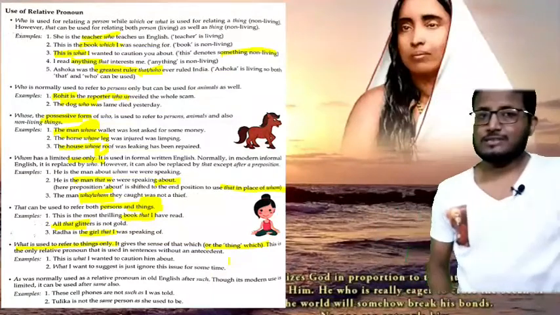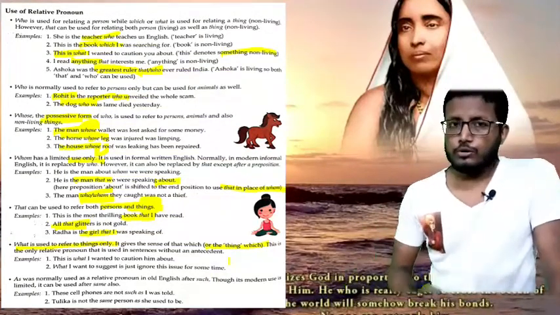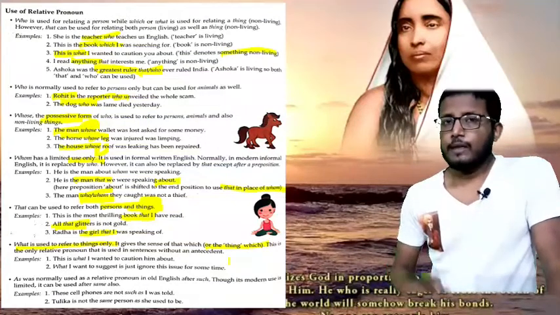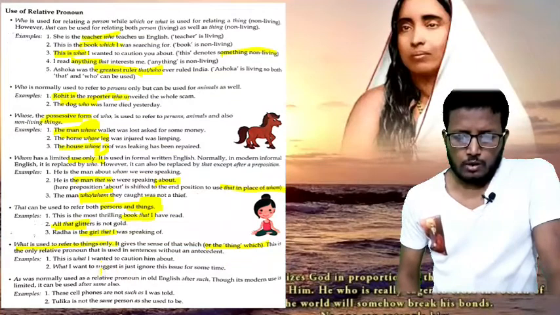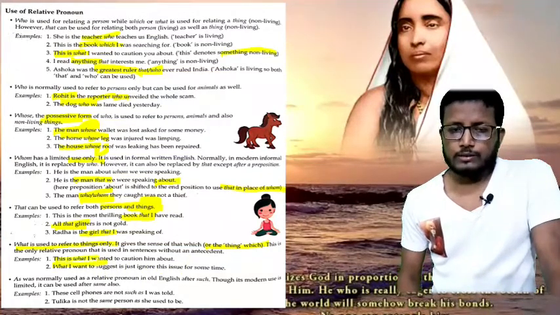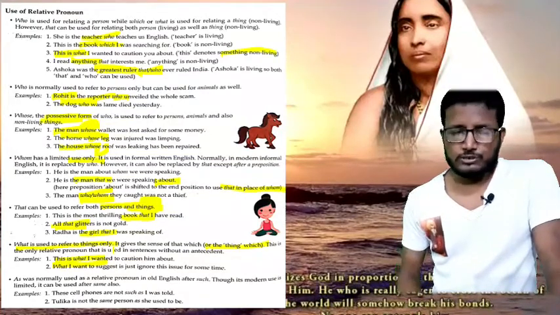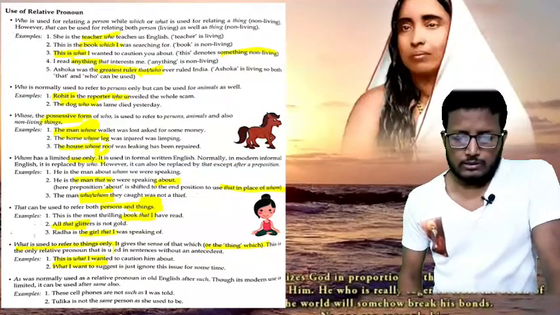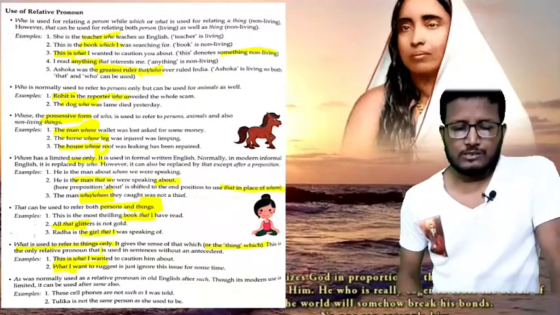And what is an antecedent? I have told you about it before. And here also we are giving the example of a noun clause. That is what I wanted to caution him about. Here you can see the use of what, and in this case the antecedent is not here. What I want to suggest, here you can see the word is used as the subject of the sentence.